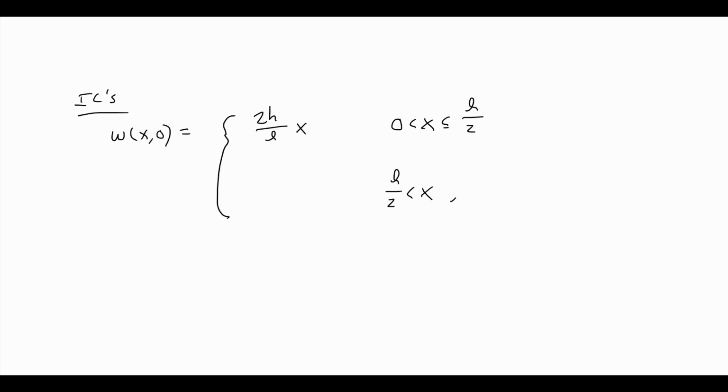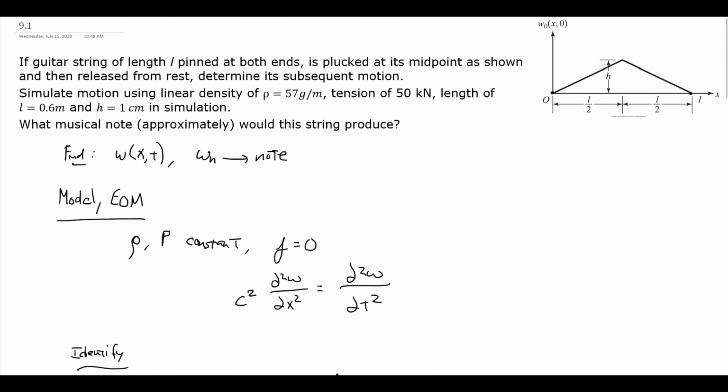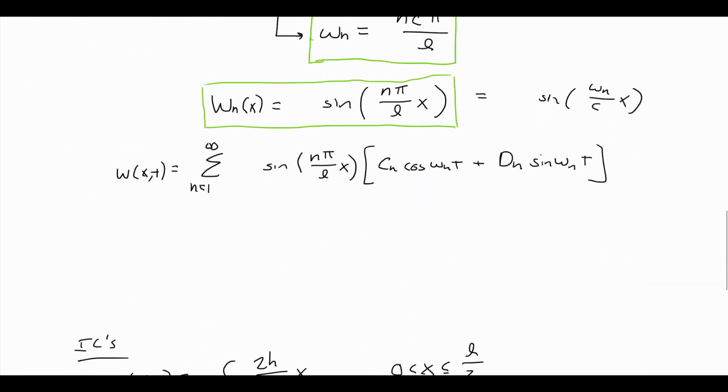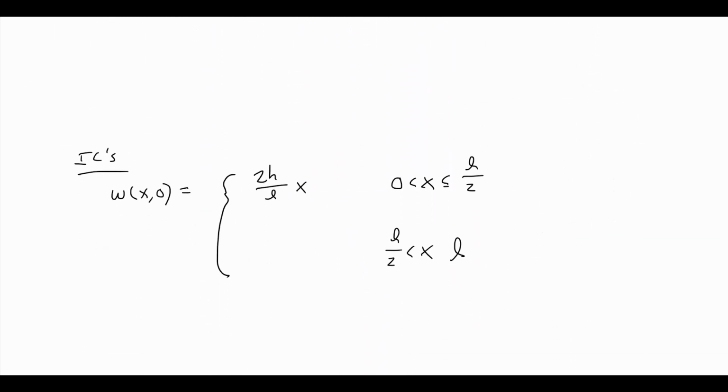And then on the second interval, from half of L to the full L, I see that I should have a negative slope, but still has to satisfy h in the middle and 0 at L. So for this one, one way I can define it is 2h times (L minus x) over L. There's other ways I could have written this, but this works, just testing it at the boundaries of the interval.